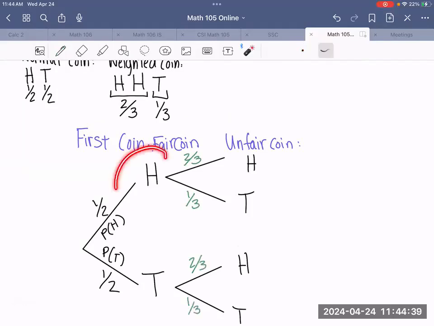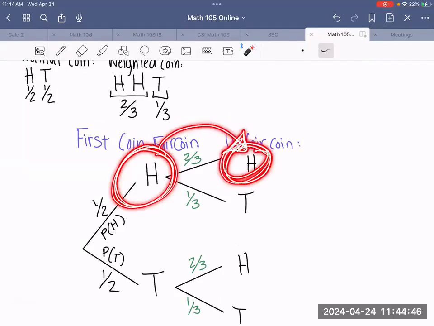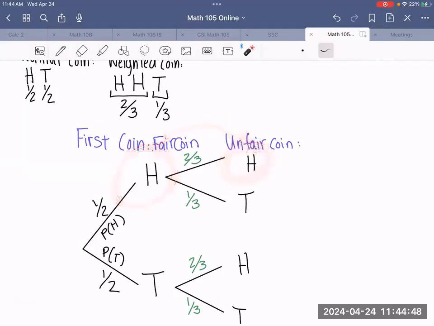Again, your first coin here has already happened, and then we flip your next coin, and as a result, this happens next.